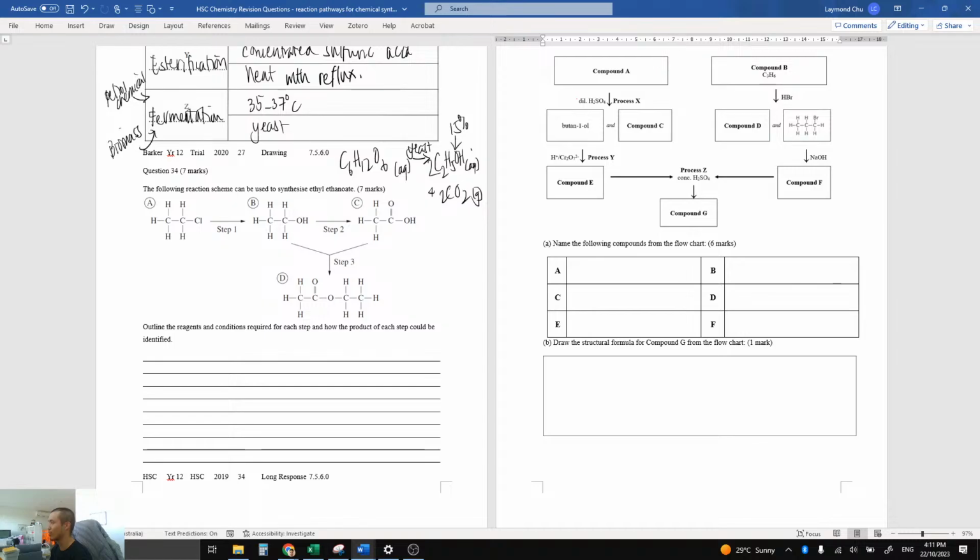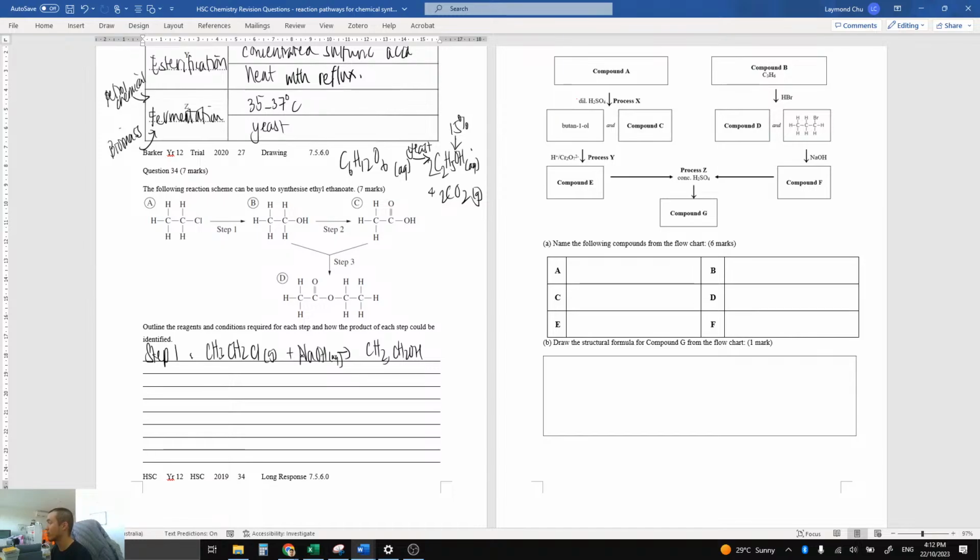Okay, so let's talk about step one. Step one is CH3CH2Cl. Let's say that's a gas, and it goes to your ethanol. So that is a substitution reaction with NaOH. That gets us CH3CH2OH.